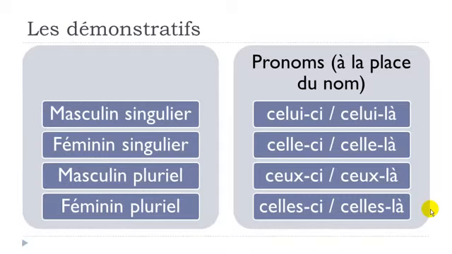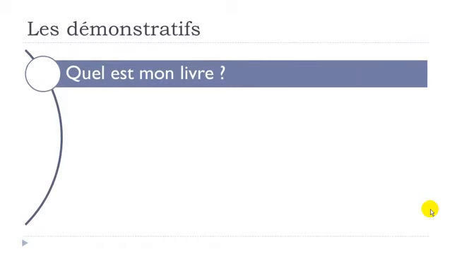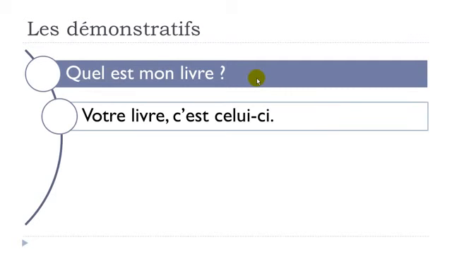So let's see a few examples now. If you ask a question, quel est mon livre? What is my book, or which one is my book? And then the answer could be votre livre, your book, c'est celui-ci, this one. Votre livre, c'est celui-ci.